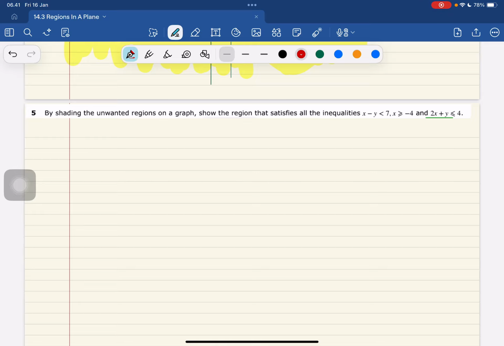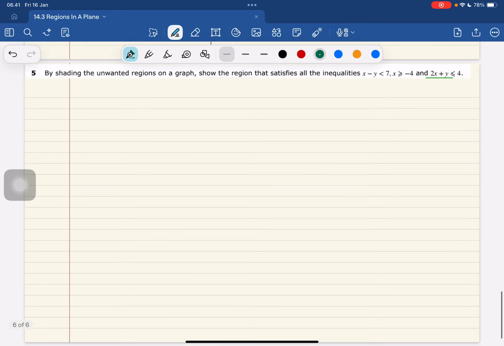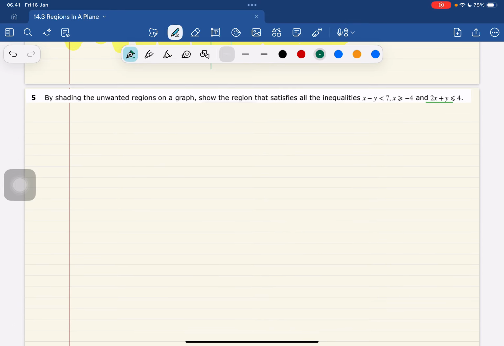Next, number 5. By shading the unwanted area. Okay, so we need to draw the graph. So this is the solution inside. Solution. Next, number 5. We have to draw the graph. So let us take the points first.